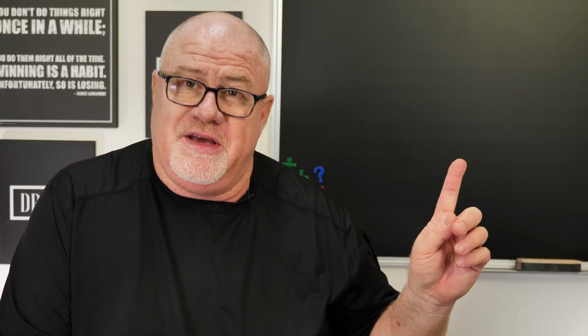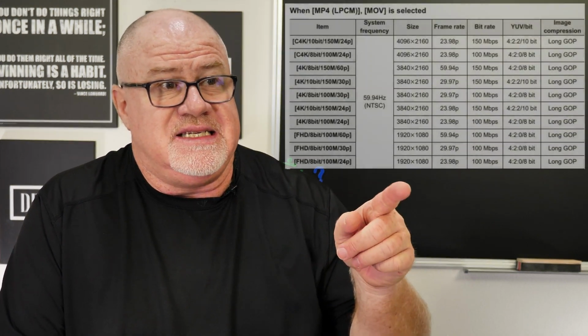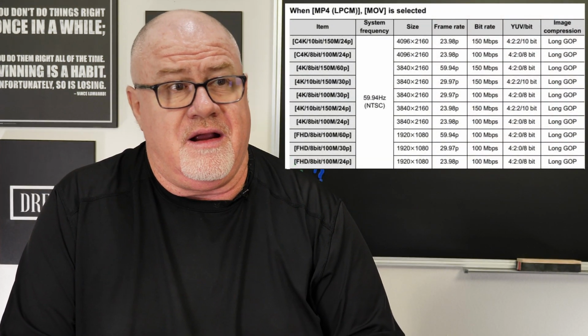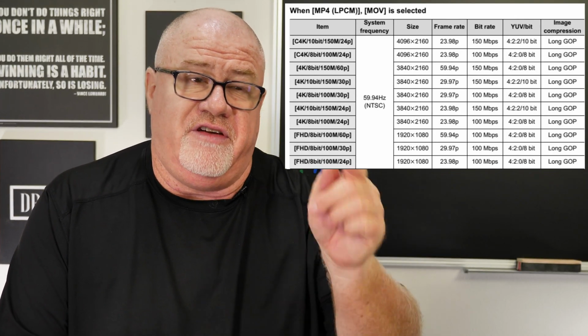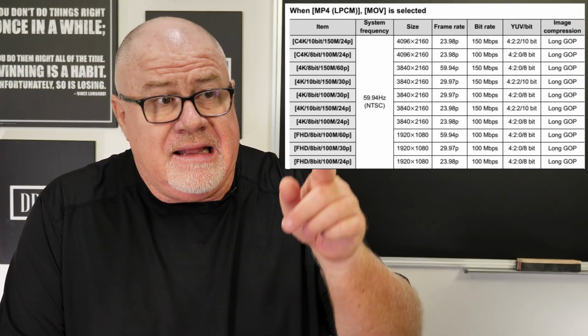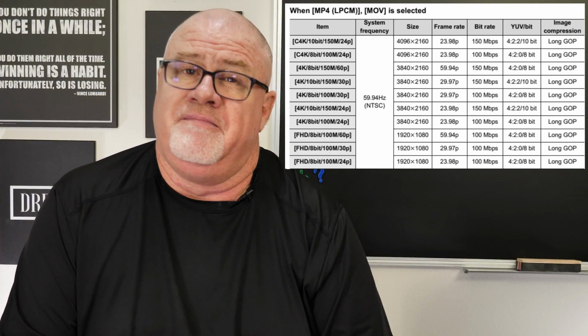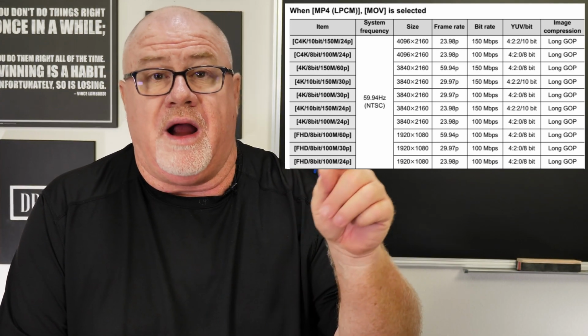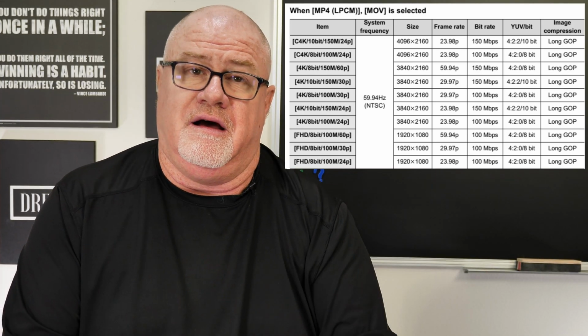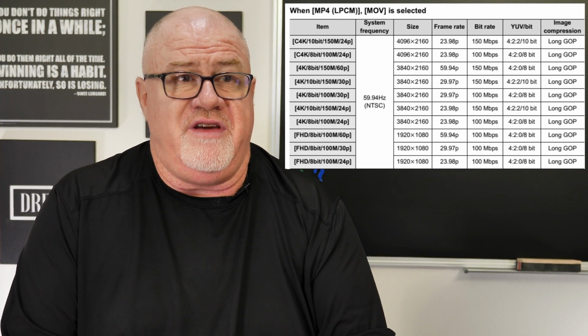So I went back to the owner's manual, the big one, 380 pages, and I'm gonna put the image right there, and it was right in my face. So as you can see on the chart there, you have system frequency 59.94, and you have the 4K 8-bit 150M 60p. And the system frequency required to have this kind of record format in MOV LPCM and MP4 is 59.94 Hertz.